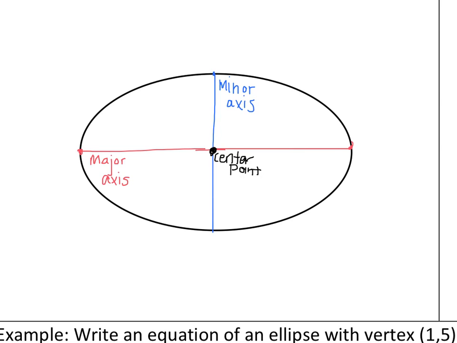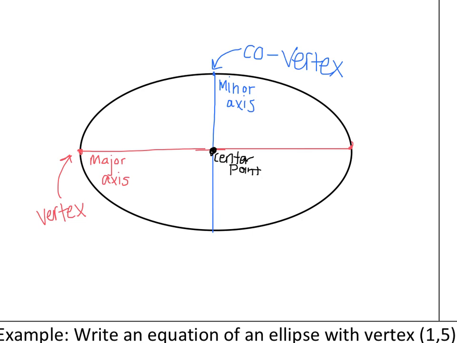On the major axis, those are called the vertex, or vertices. And on the minor axis, those two are called a co-vertex, or co-vertices. So vertex goes with major axis, co-vertex goes with minor axis.